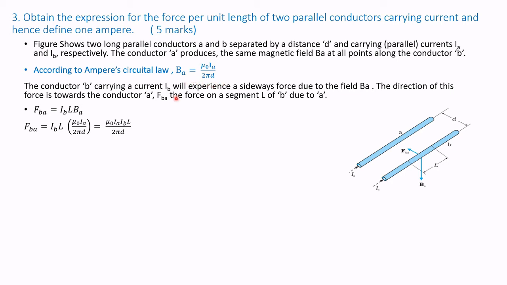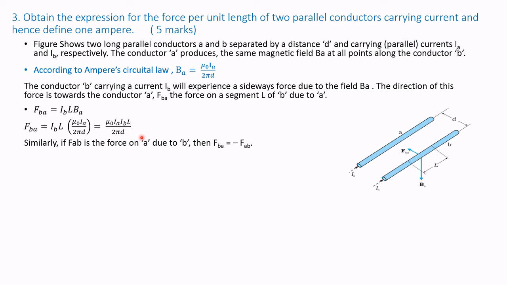Therefore, substituting the value of BA, FBA is equal to IB into L into mu naught IA divided by 2 pi d, that is equal to mu naught IA IB L divided by 2 pi d.